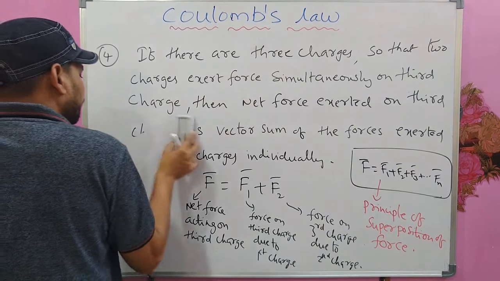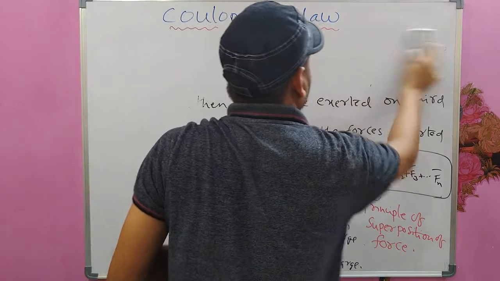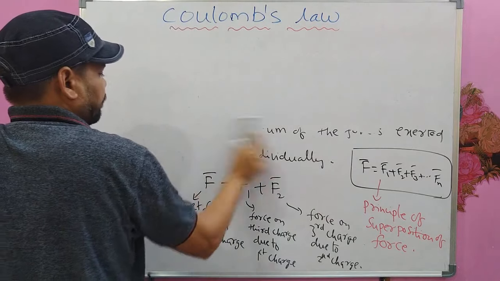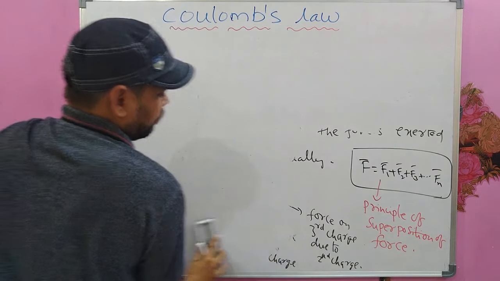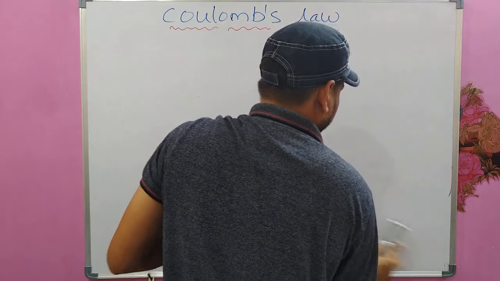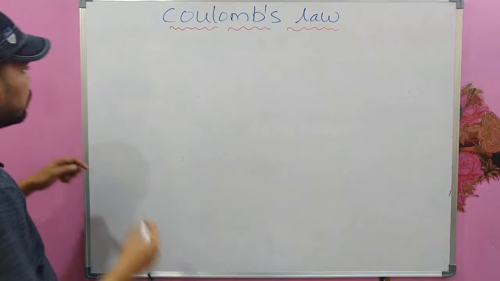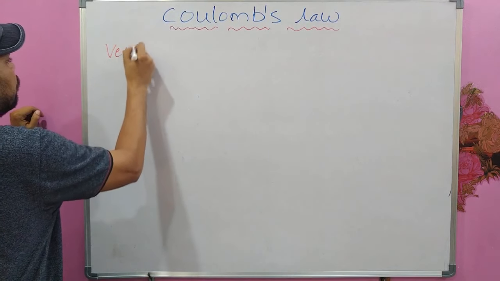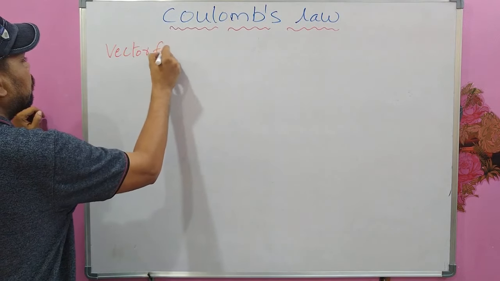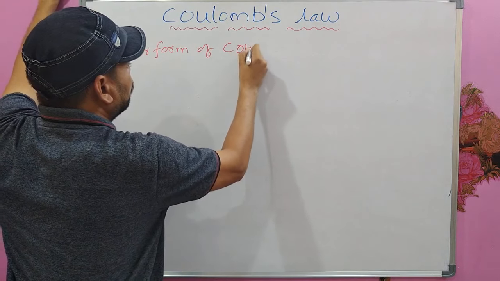Now we will see the vector form of Coulomb's law.